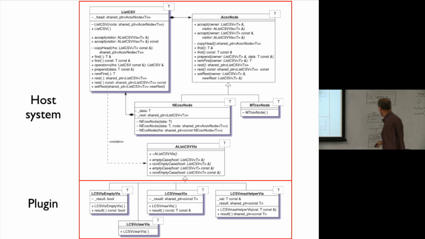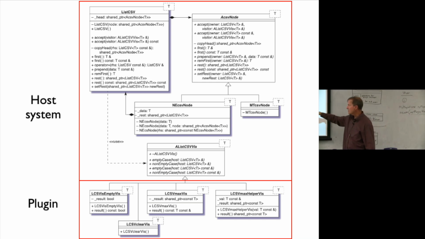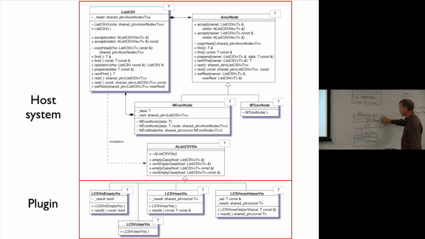All right, but now what about this part right here? Not only does the host system provide that, what else does it provide here? A list CSV viz. So the first A is what? Abstract list composite state visitor pattern viz. Right? And what are these little things, the methods for the plugin developer?